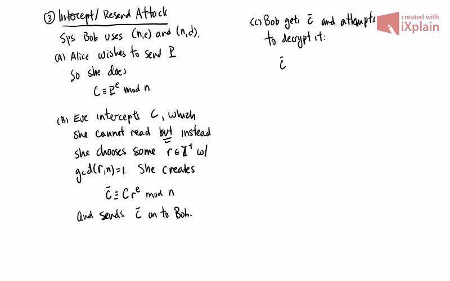He takes that C bar and raises it to his decryption exponent. When he does that, this gives C R to the E to the D, mod n. C is, of course, P to the E. So we have P to the E, R to the E to the D, which is P to the ED, R to the ED.